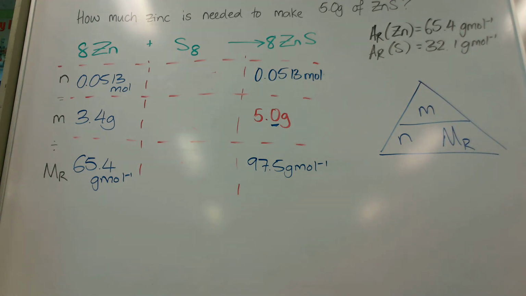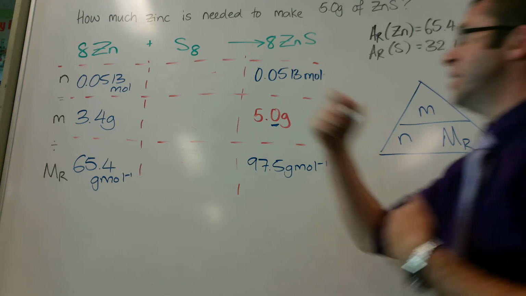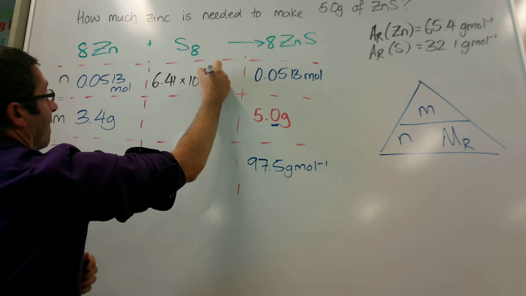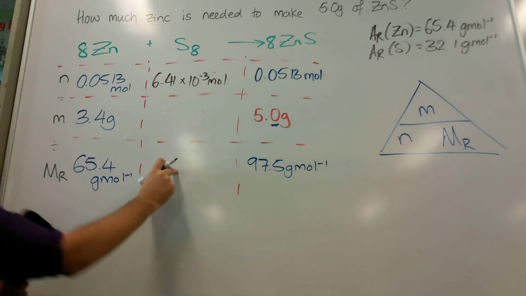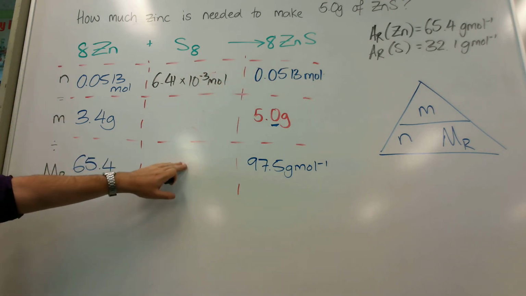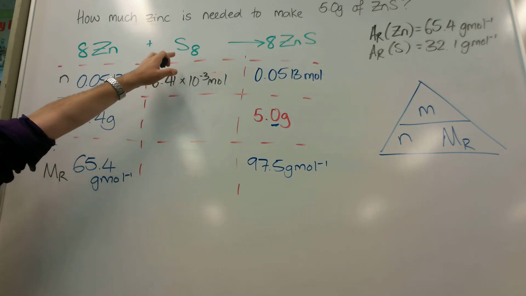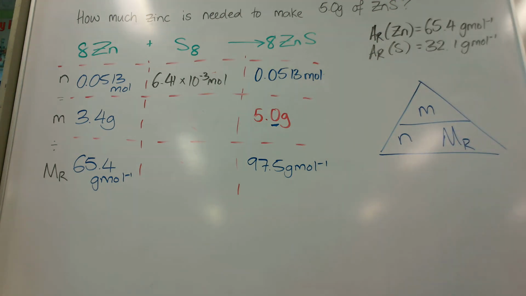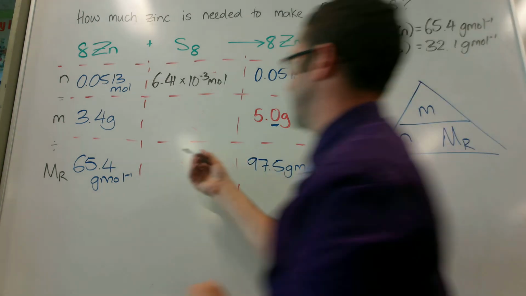That is, I'm going to put it in standard form, 6.41 times 10 to the negative 3. I need to know this number here, which is going to be 32 times 8, because there's 8 sulfurs in one molecule. So 32.1 times 8, 256.8.